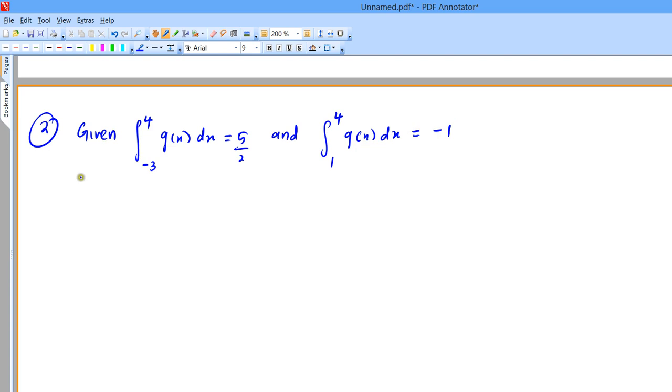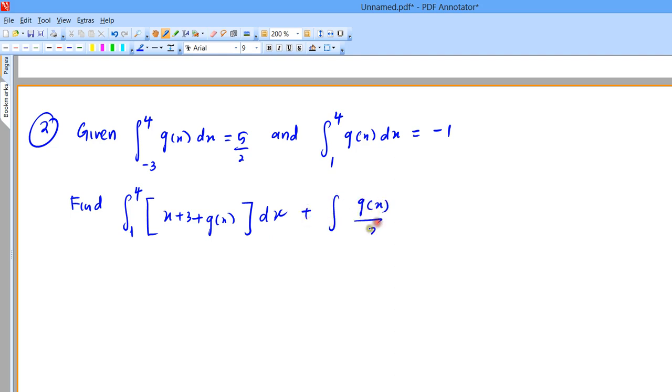We want to find the integral of x plus 3 plus g(x) dx from 1 to 4, plus the integral of g(x) over 2 dx from negative 3 to 1.